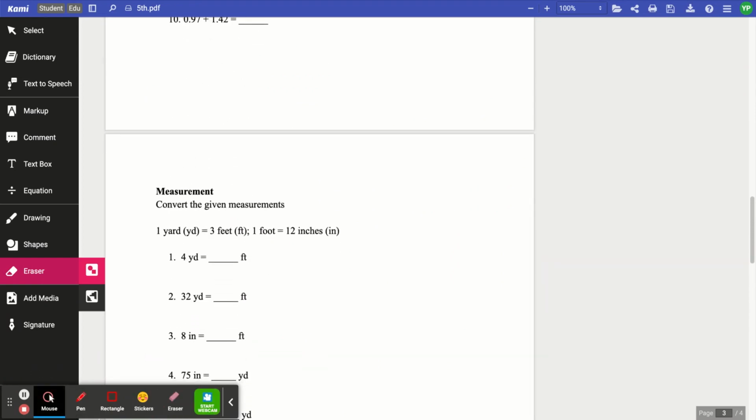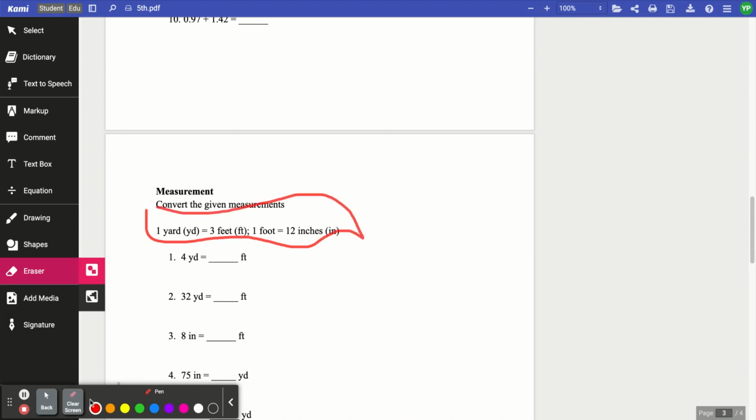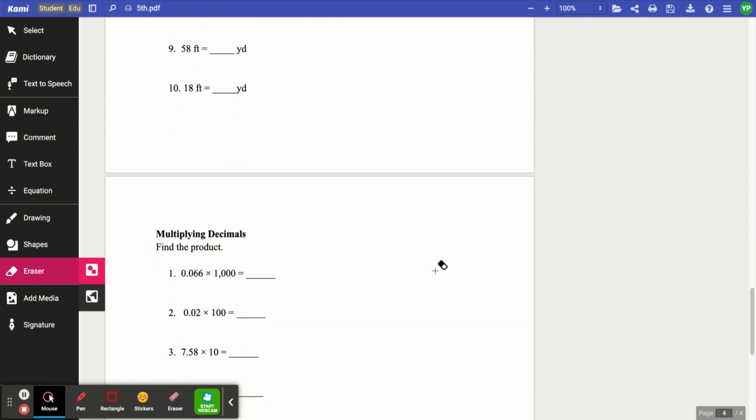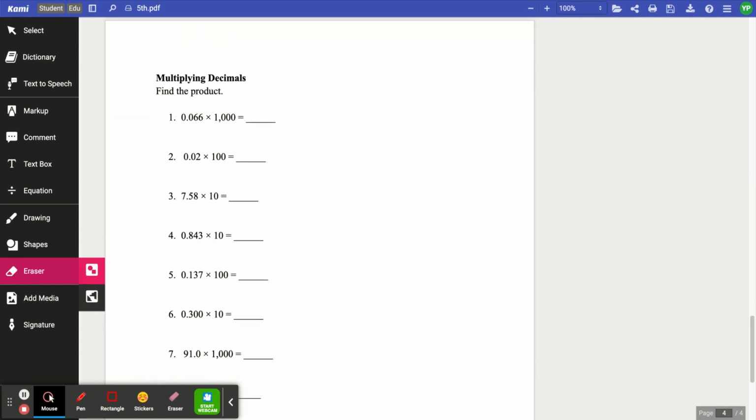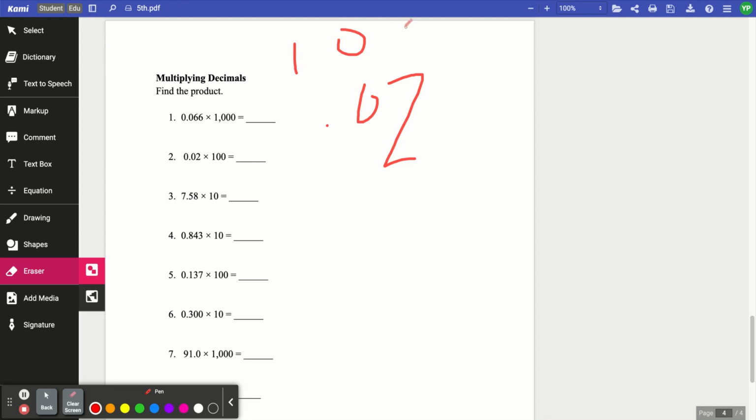That's basically all there is. The biggest point for measurement is that you just have to memorize the formulas, and then you can easily do it later. Now let's move on to our final topic, which is multiplying decimals. Multiplying decimals might get a little tricky, but it's the same thing as regular multiplying. So let's try this, and then it's going to become 100.